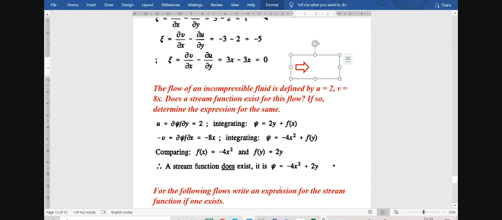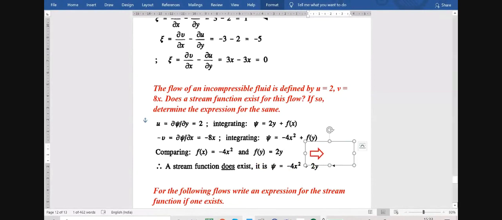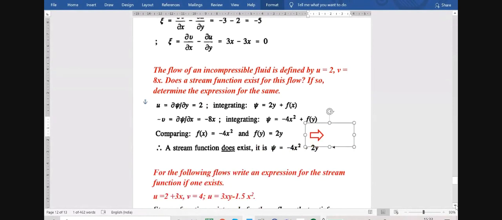So therefore this plus or minus a constant also can be considered. Is it clear, all of you?